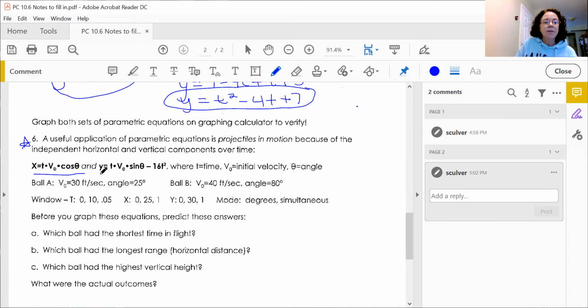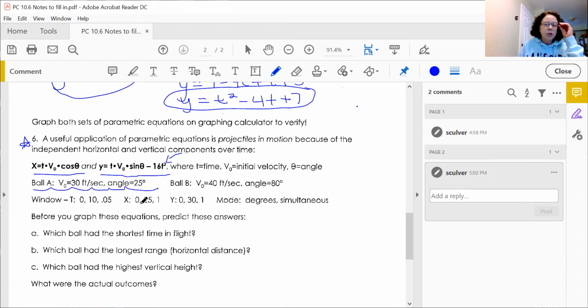You can tell its vertical position by taking the time, multiplying by the initial velocity, sine of the angle from the horizontal at which it was projected, minus 16t squared, right? That is due to gravity, right? Acceleration due to gravity.